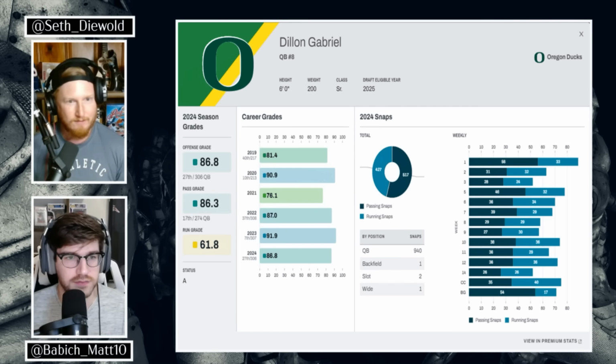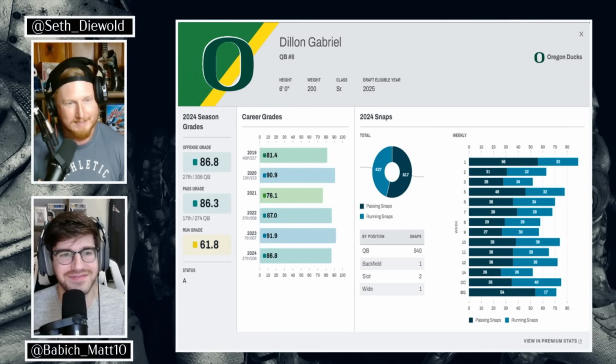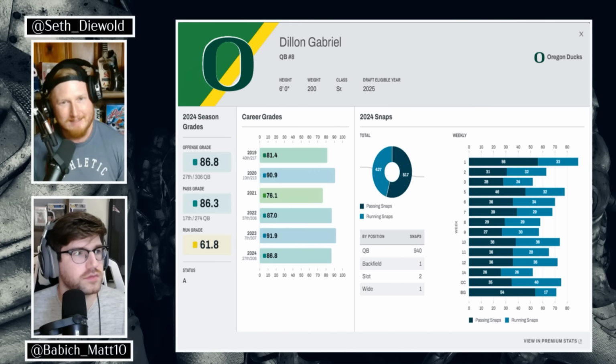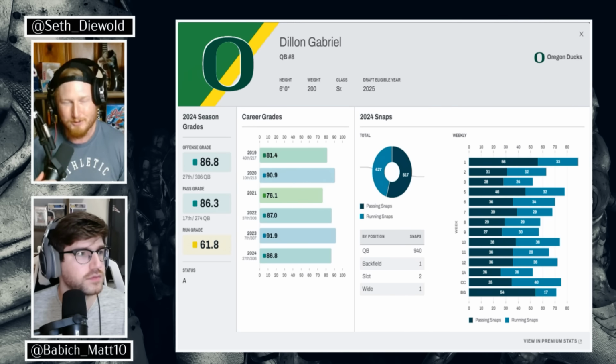Baker Mayfield couldn't throw a football. I don't know what kind of analogy I'm looking for here. I know those sizes don't exactly match up, but all of those quarterbacks I just mentioned are hovering around 6 feet tall. So it's possible that Dillon Gabriel could be a capable starting quarterback.